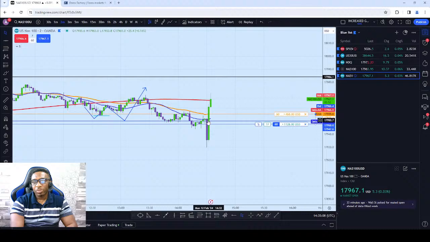So all along we were expecting this upward move, but it was a bit choppy, moving up and down. So at least when the market opened, it pushed down to this low and now it's firing up.